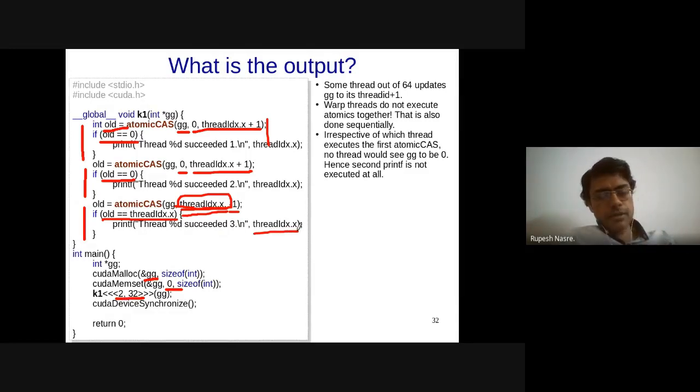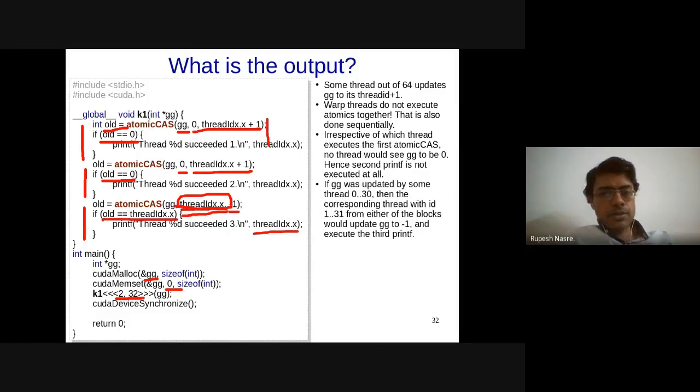So again, what Venkat and Niranjan and Divya have written is correct, that the third printf might get executed, might not get executed. In most cases, it is going to get executed, but there is no guarantee, right? Any questions on this part?